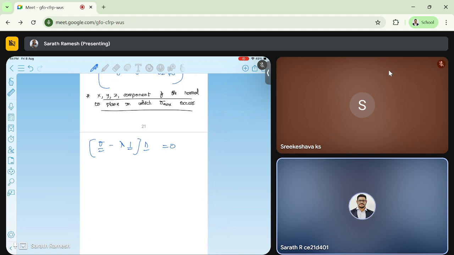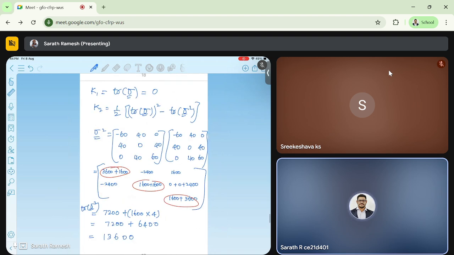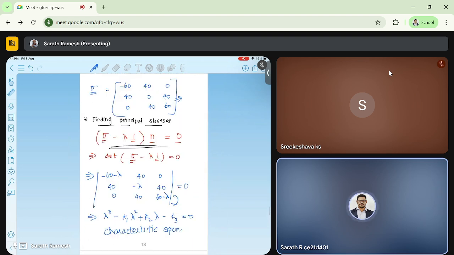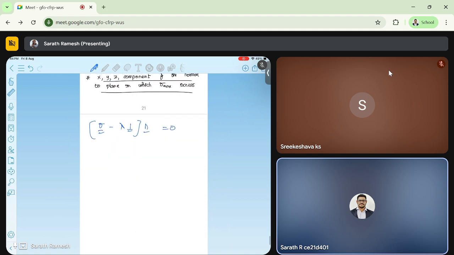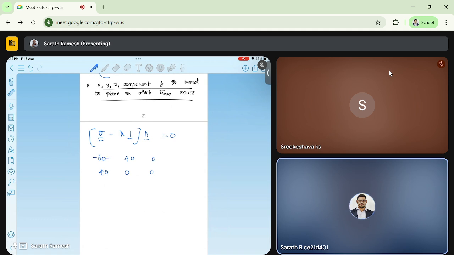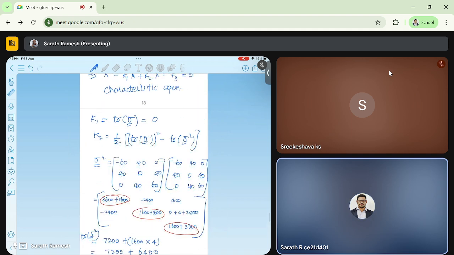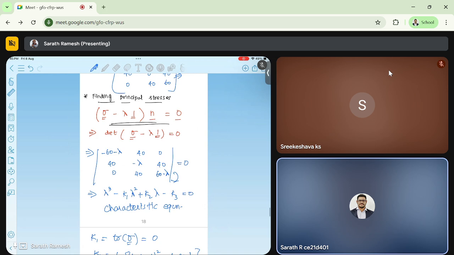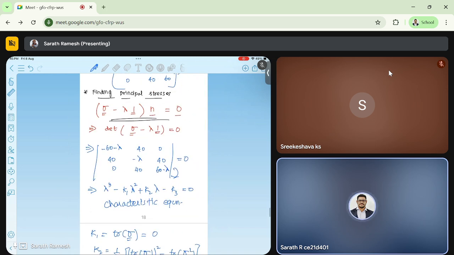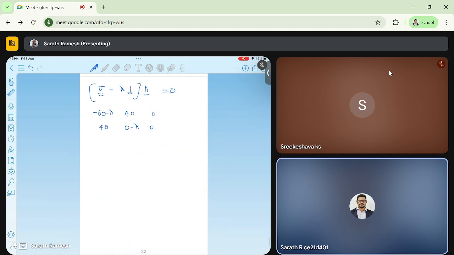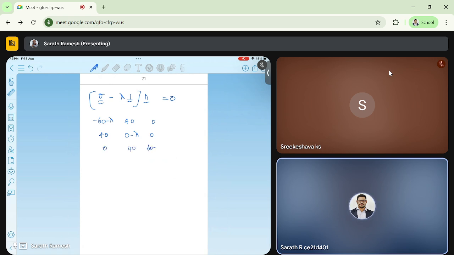So sigma is 60, minus 60, 40, 40. Minus 60, 40, 40, 0, 0, 0. And we also add minus lambda, right? Minus lambda. And what else? 40, 0, 40, 60 minus lambda. 0, 40, 60 minus lambda.